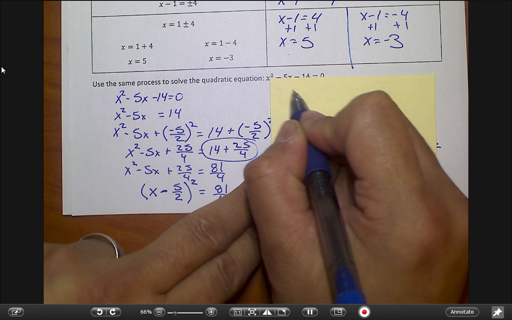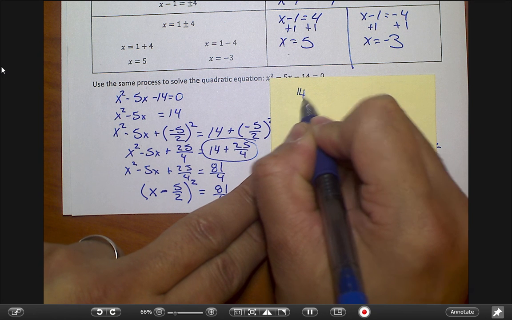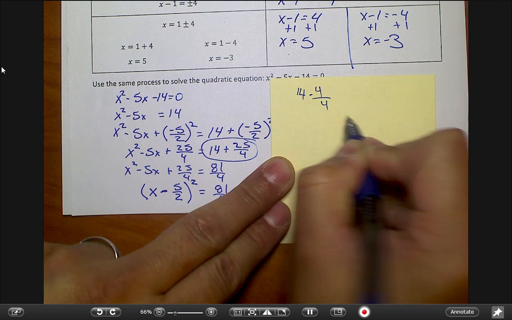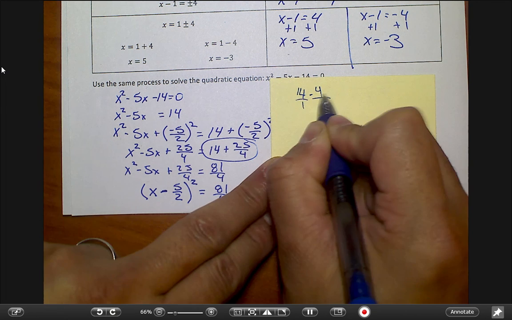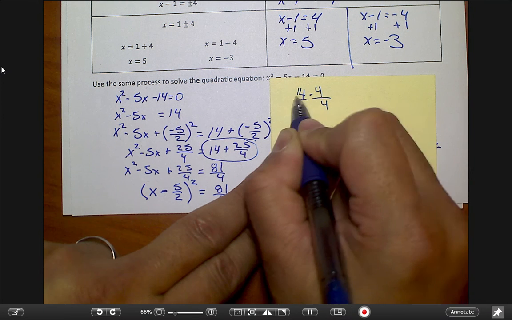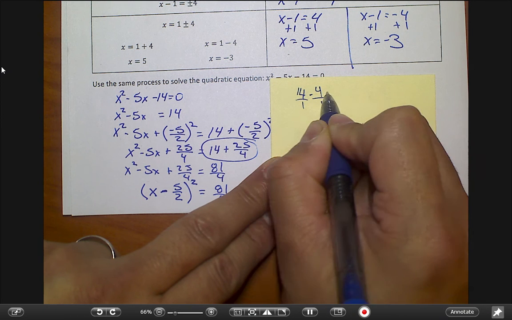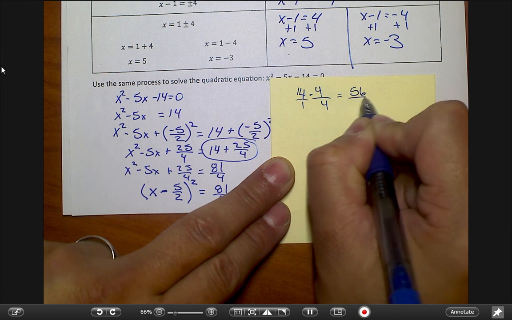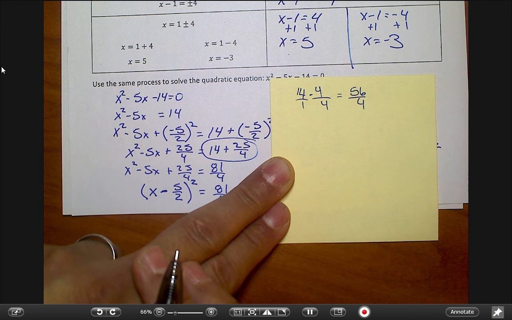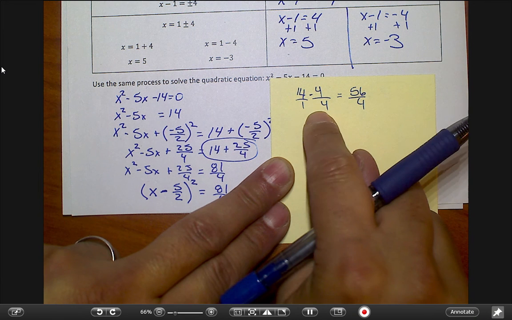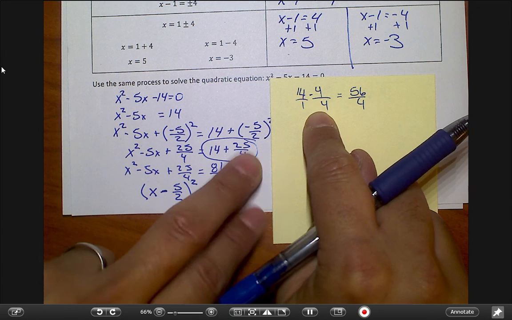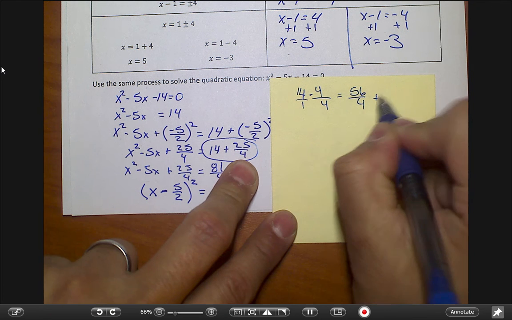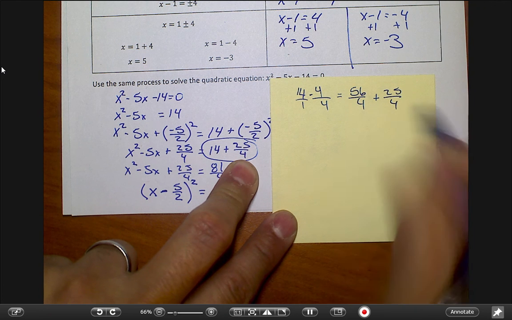So 14 times 4 over 4, like this. So that's going to give me 56 over 4. That's just changing my number to the common denominator. Plus 25 over 4.